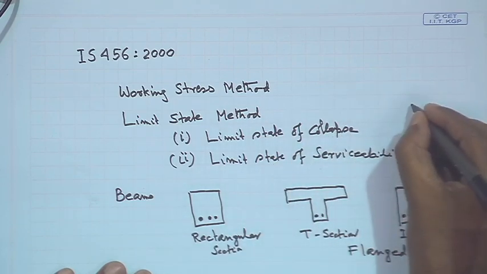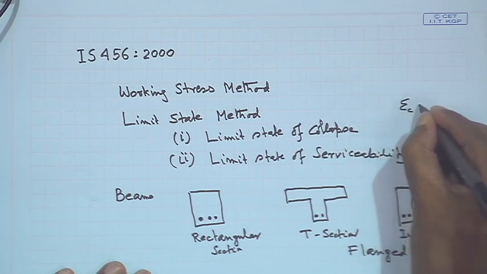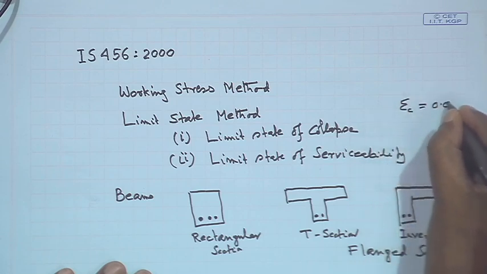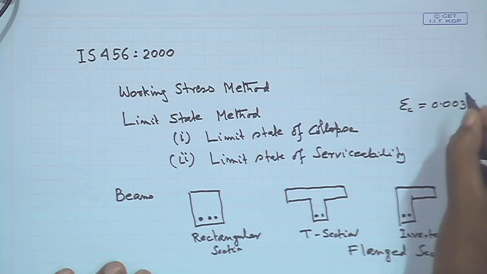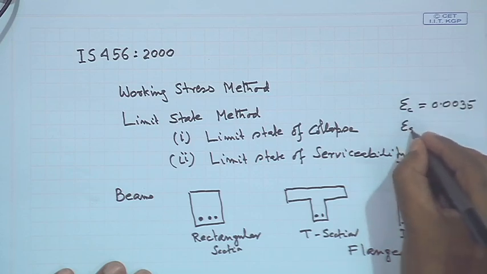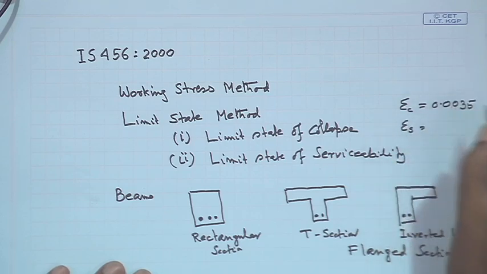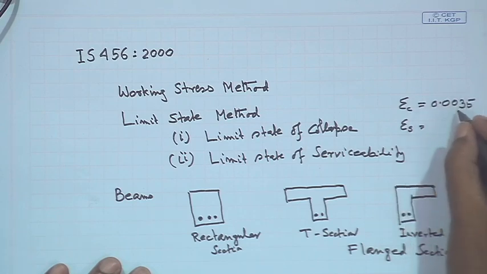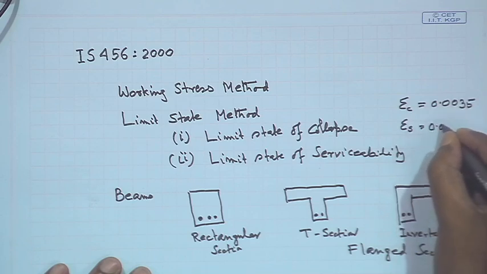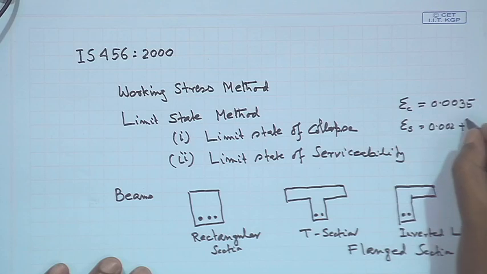So here let me write down epsilon c, 0.0035. Epsilon s, please mind, already you know, the 0.005 for any grade of concrete; epsilon s here is 0.002 plus 0.87 Fy by Es.